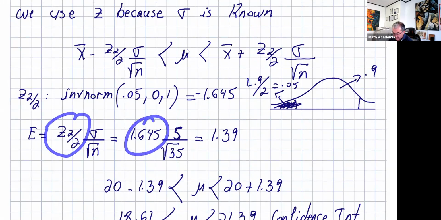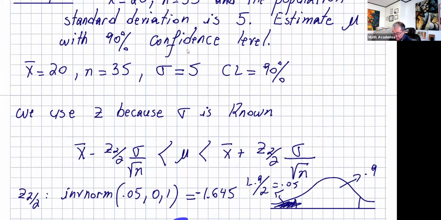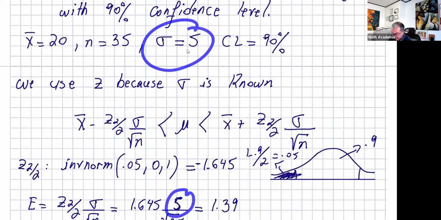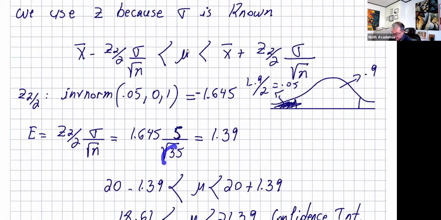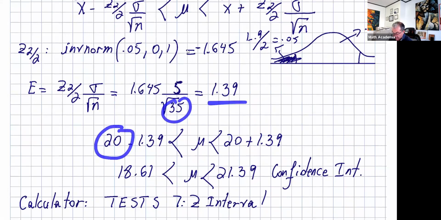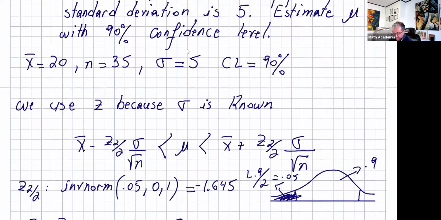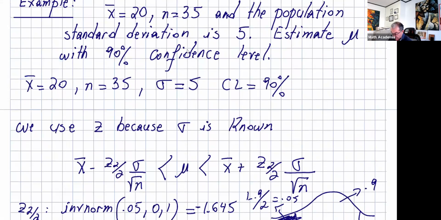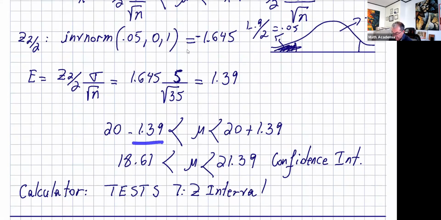Z, we have it. Sigma is 5, given in the problem, over square root of n, and n was 35. You get 1.39. X bar is 20 minus 1.39, and on the right side you have 20 plus 1.39, and that's our confidence interval.